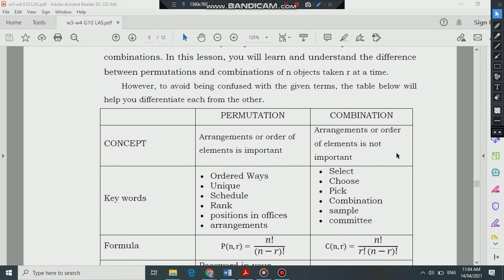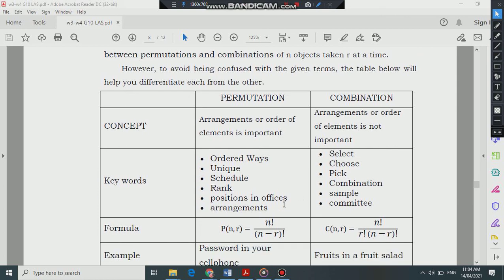But for combination, again, order is not important. The keywords to remember for permutation are ordered ways, systematic, unique, schedule, rank, positions in offices, and arrangement. However, for combination: select, choose, pick, combination, sample, and committee.